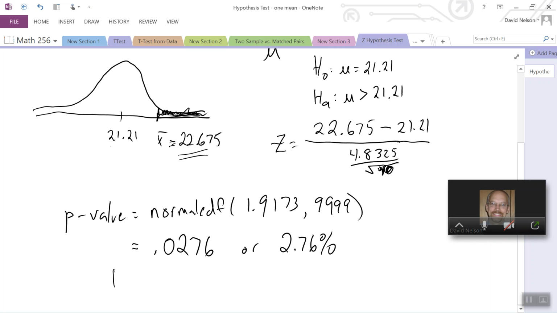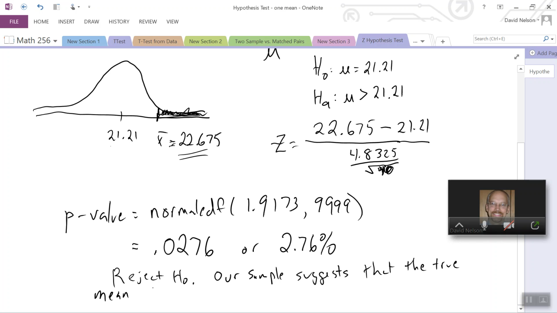And so what I would do, especially based on our significance level of alpha, is reject the null hypothesis. We get that our sample suggests that the true mean for lower-income students is greater than 21.21 millimeters.